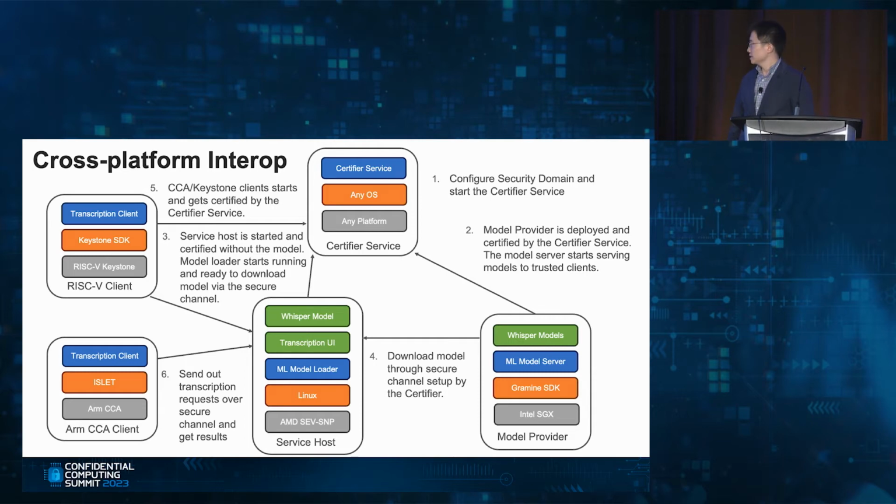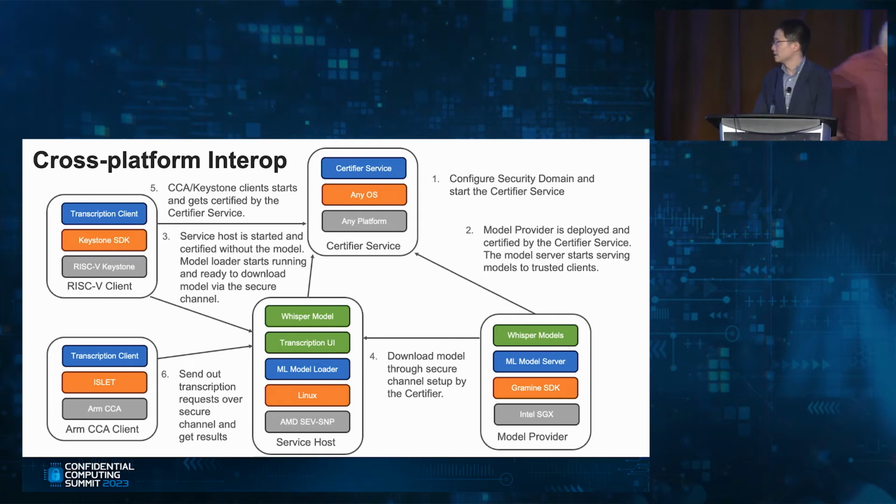The first is the use case. A lot of people here saw a similar use case in the morning. We're assuming that we have a speech recognition model based on Whisper that's secretive and cannot be provisioned in clear text with the image that you deploy with the service host on the cloud in an untrusted environment.